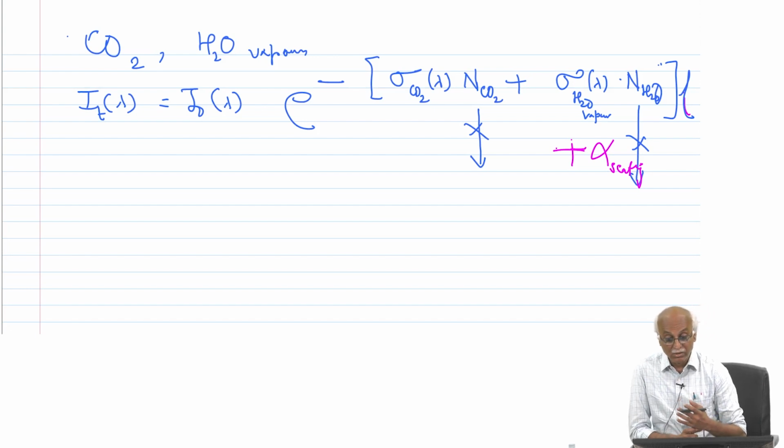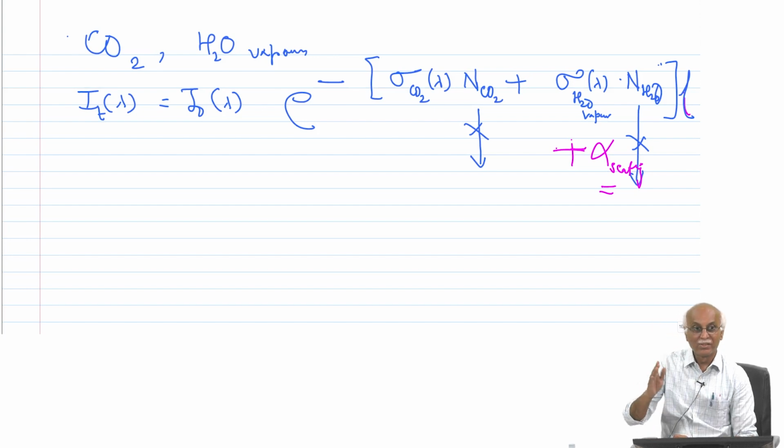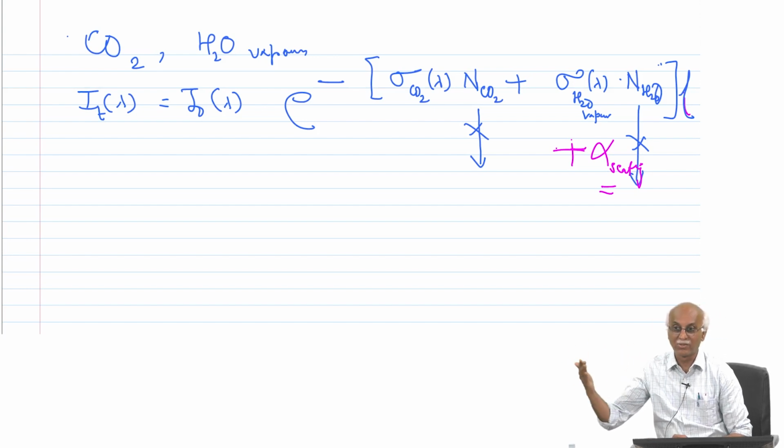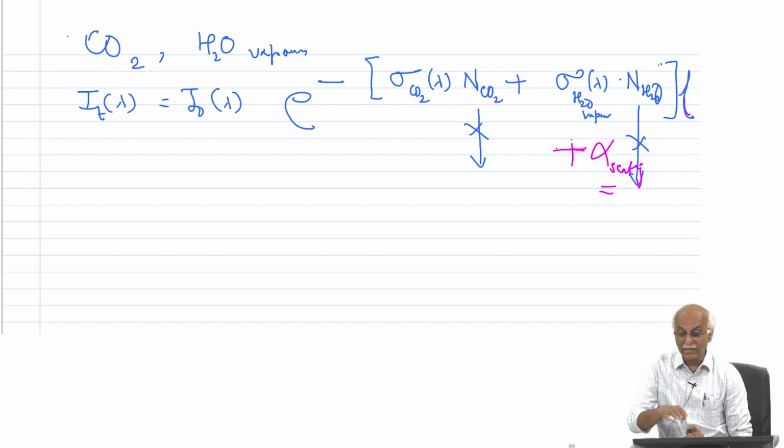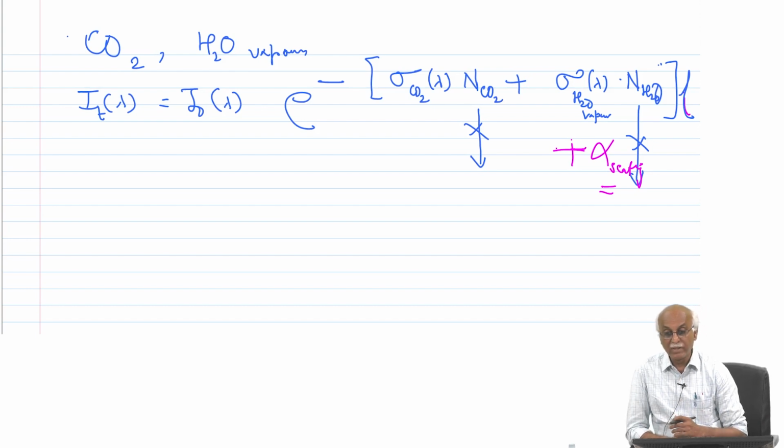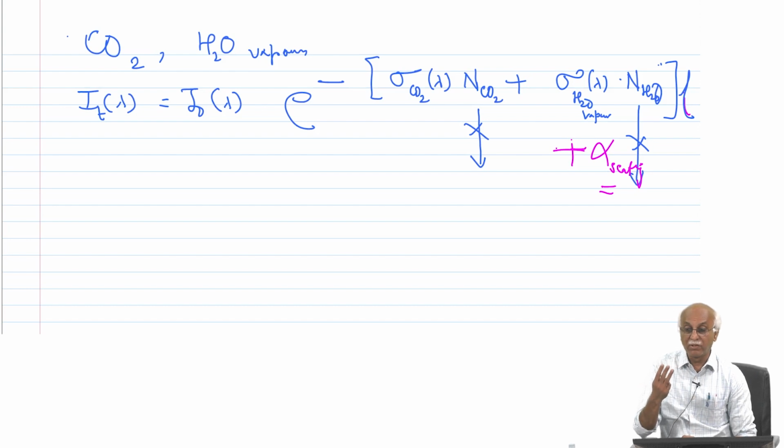The scattering coefficient also depends upon wavelength. So if the wavelength changes, the scattering coefficient also changes. So either I should select 3 different wavelengths and then try to derive these values, or the other way round, I can take 3 different wavelengths, but very near to each other, so that the scattering coefficient remains a constant parameter.